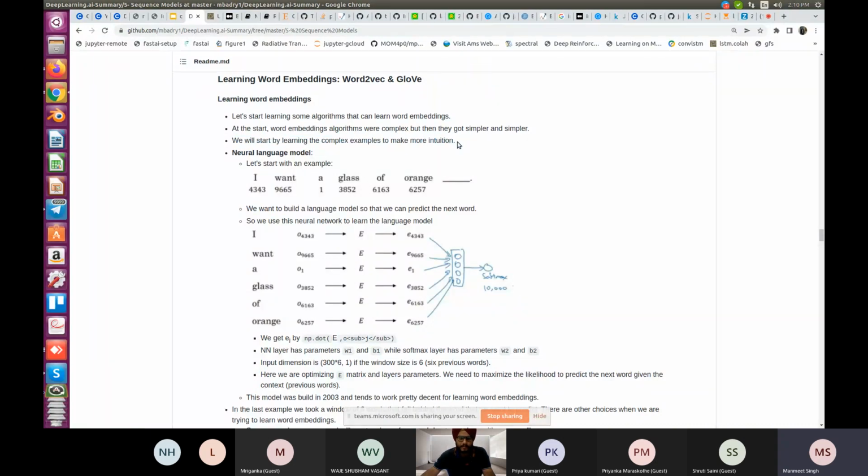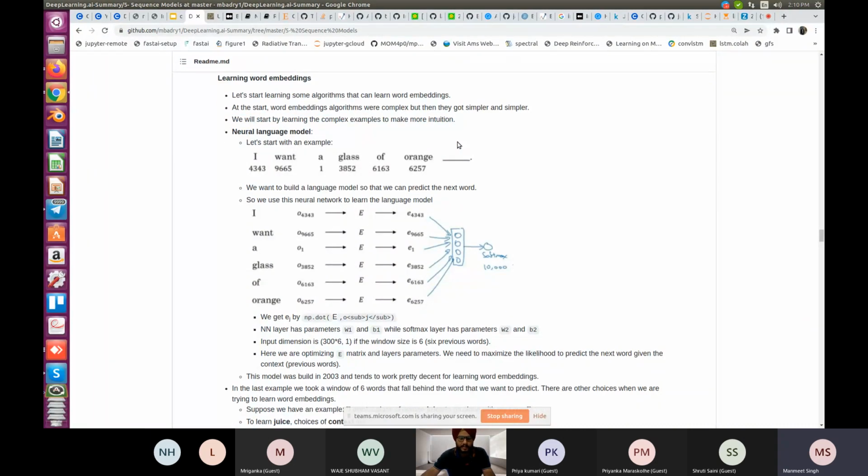For example, in this neural language model, if you start with the example, I want a glass of orange, what should be the last word? If your vocabulary has a size of 10,000, then the word I is at index 4343, want is at 9665, and similarly for a glass of orange.